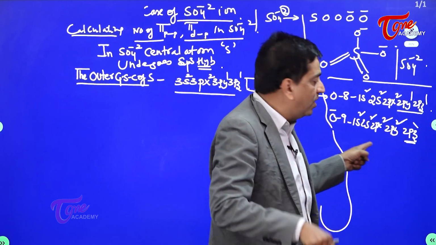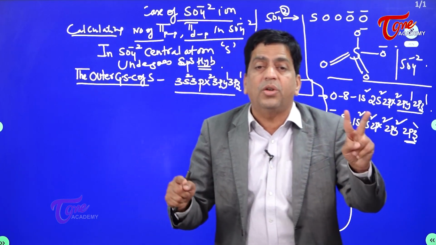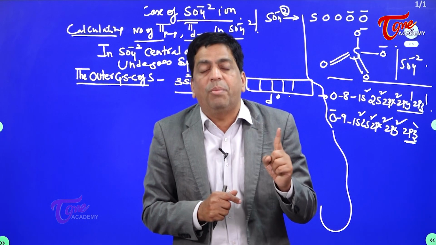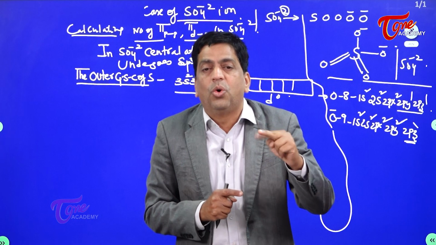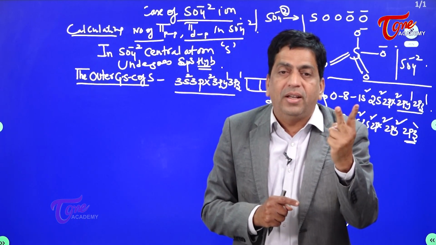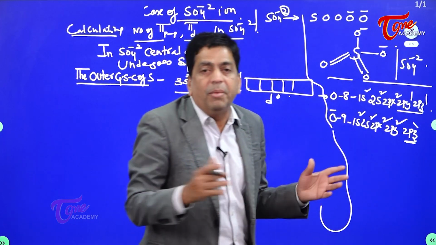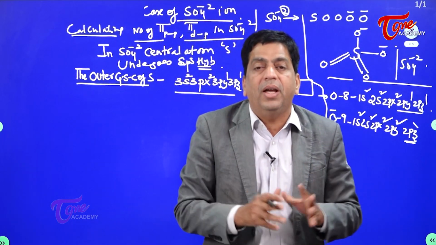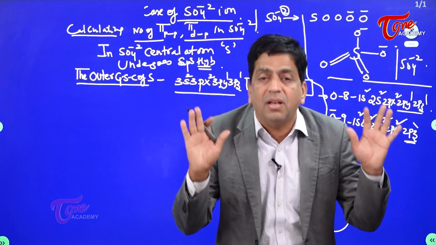And the other O- is coming and telling me that it has 1 unpaired electron, and such O- are 2. So for 2 O- we require 2 unpaired. So these 2 are coming with 2 unpaired, and the remaining 2 oxygens are coming with 4 unpaired. So 4 plus 2, I require 6 unpaired electrons in sulfur.